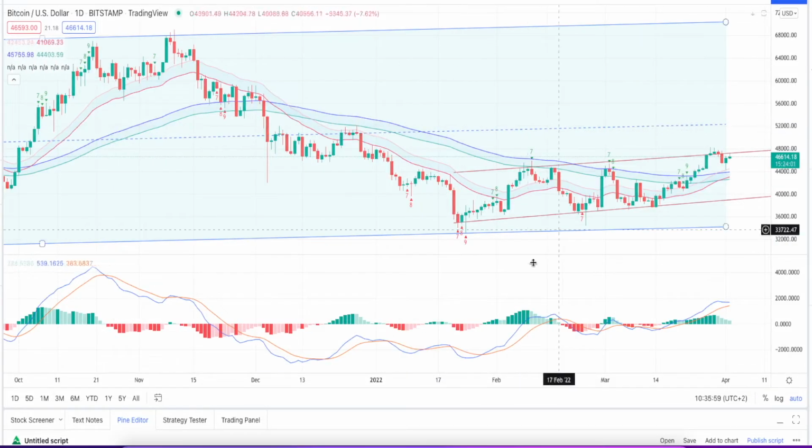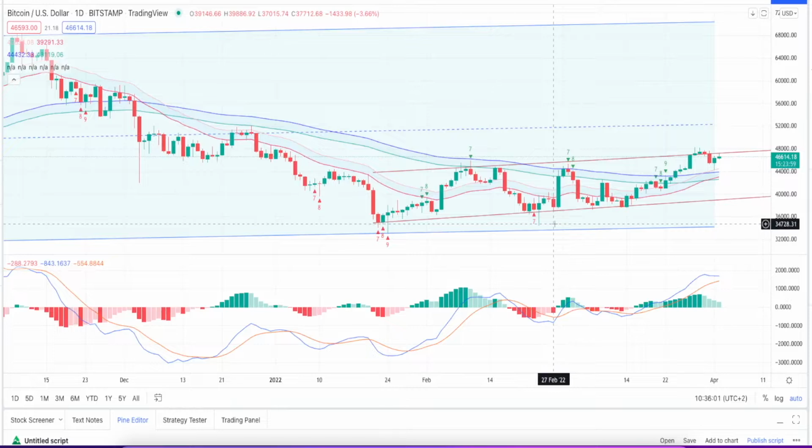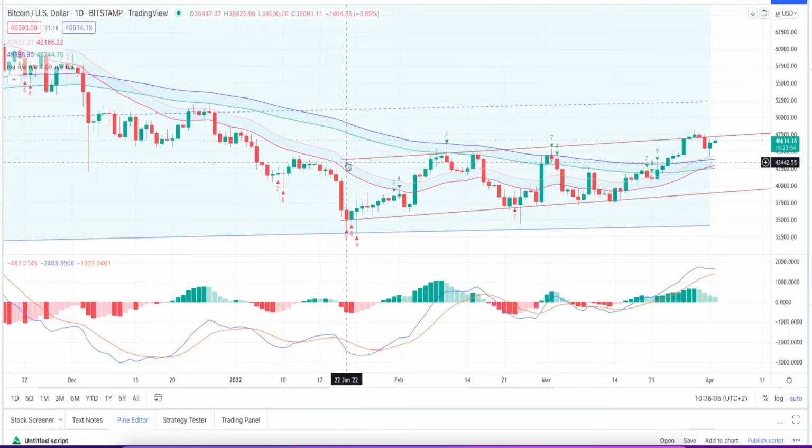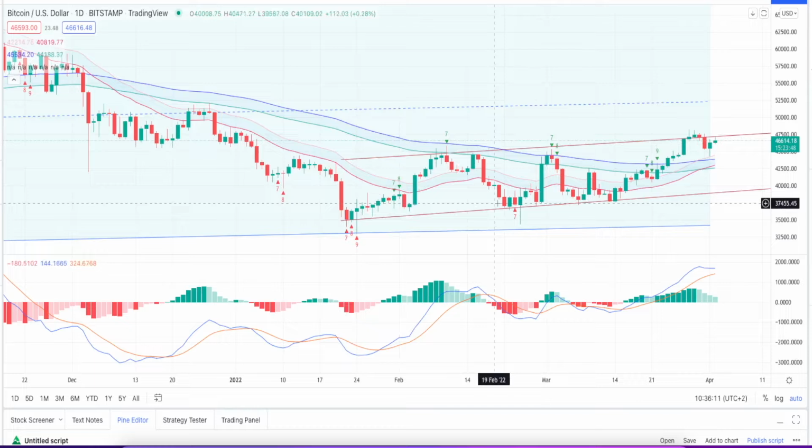And then let's look into more details, a more recent trend. As I said, we're in a rebound, and I have drawn this parallel channel. We can see that here is the supporting line, and here is the pressure line.